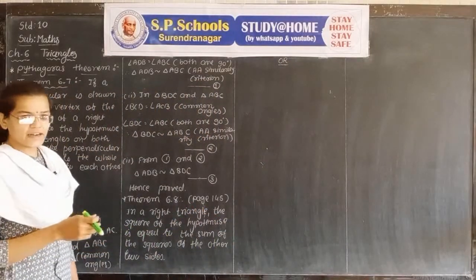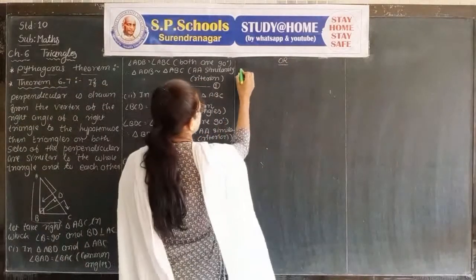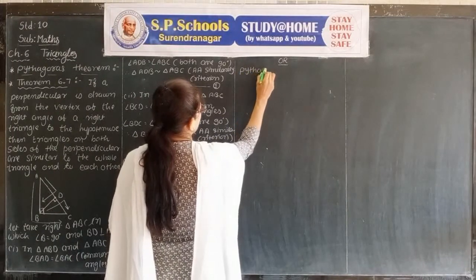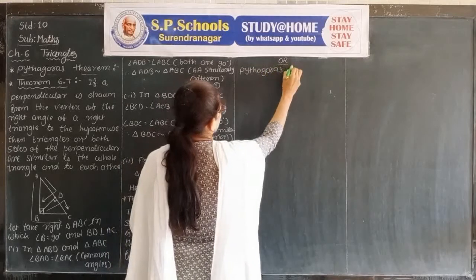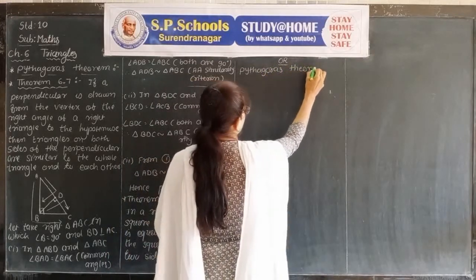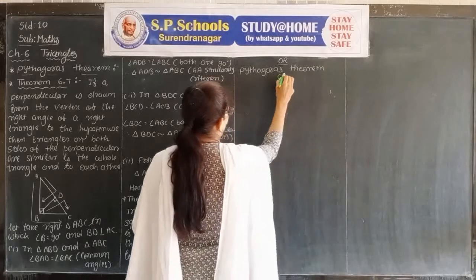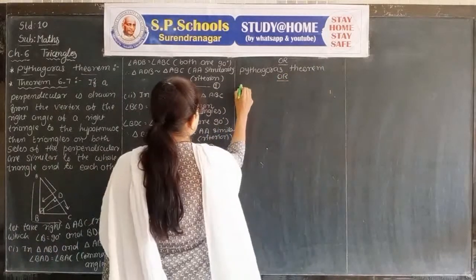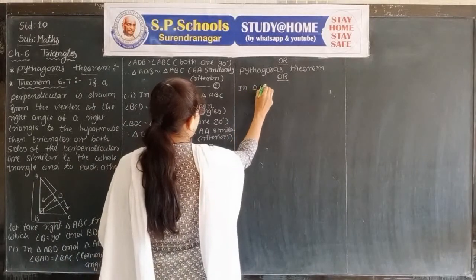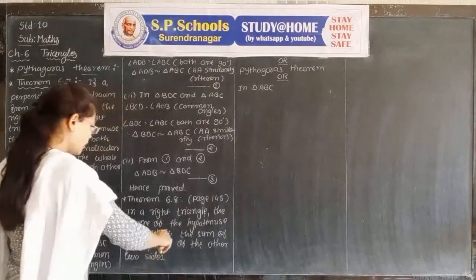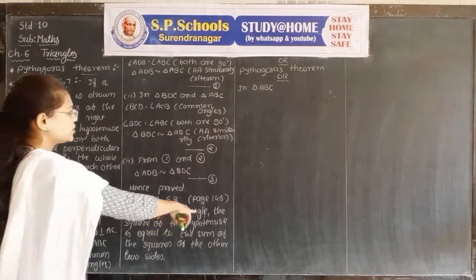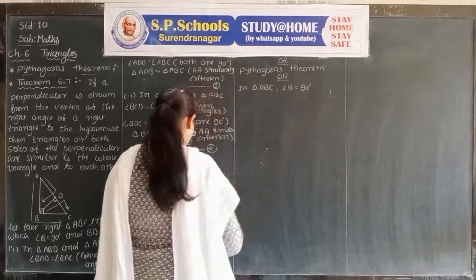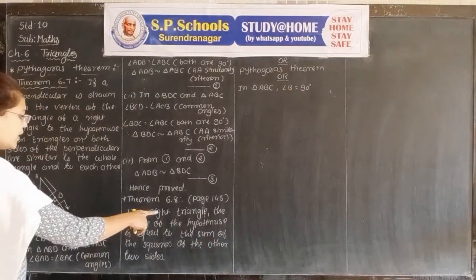The question is like that: state and prove the Pythagoras theorem. In right triangle ABC, angle B is equal to 90 degrees.